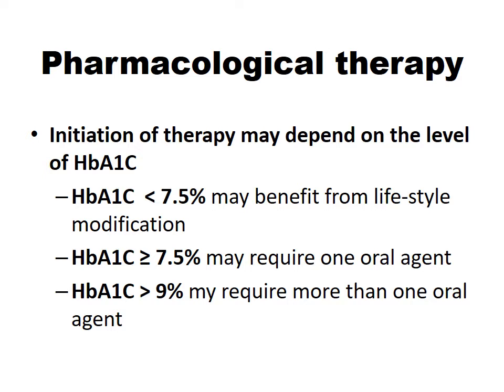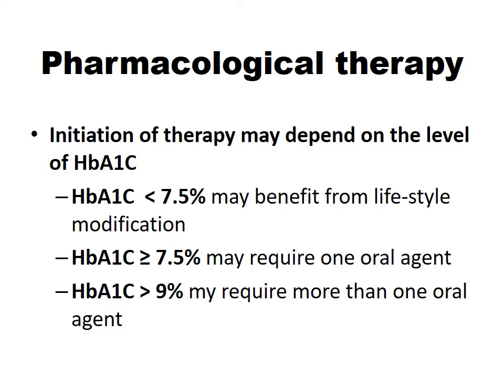Pharmacological therapy. Initiation of therapy may depend on the level of HbA1c. If it is less than 7.5, it should be treated with lifestyle modification, that's controlling diet and exercise.